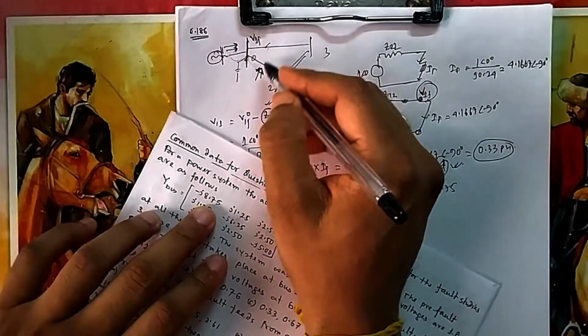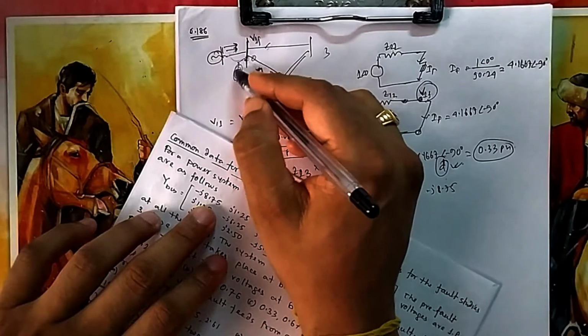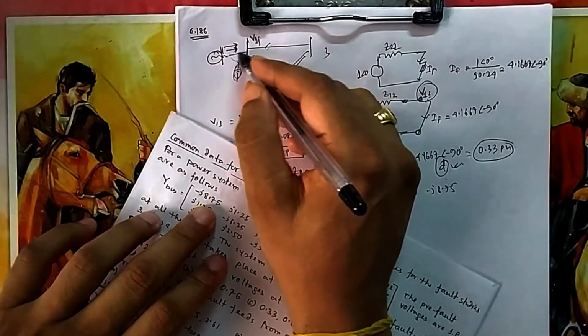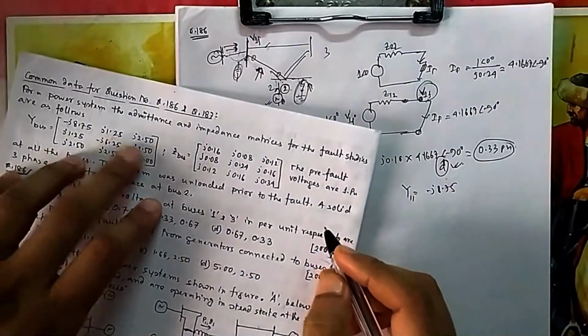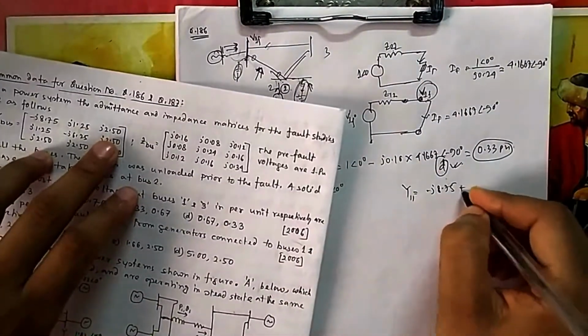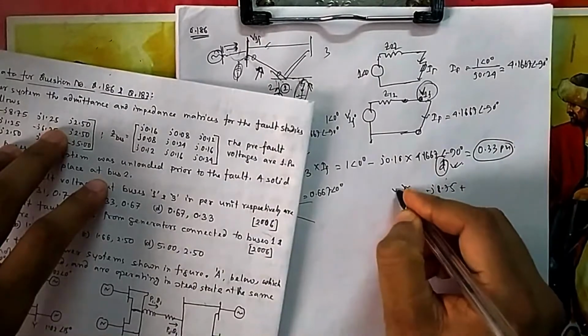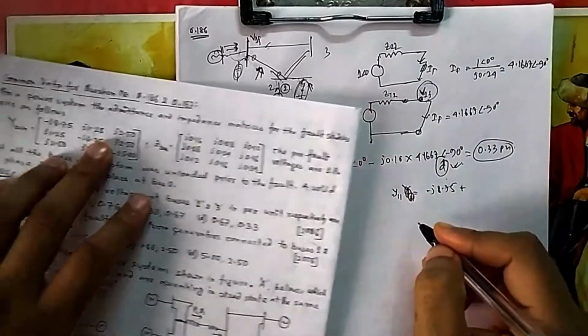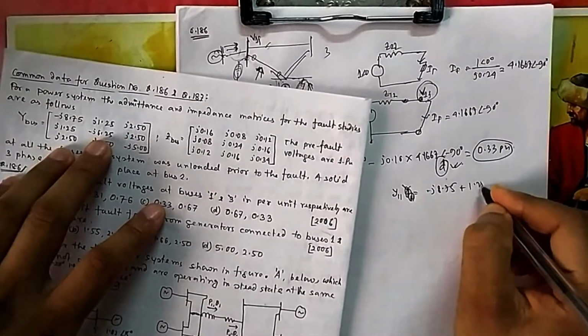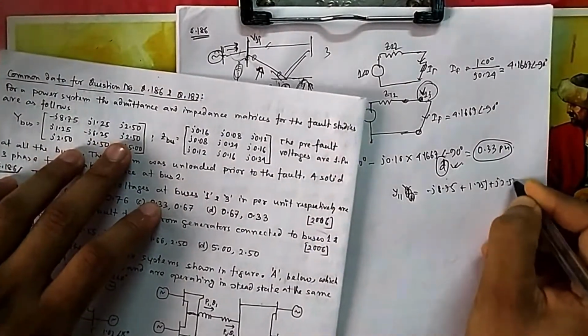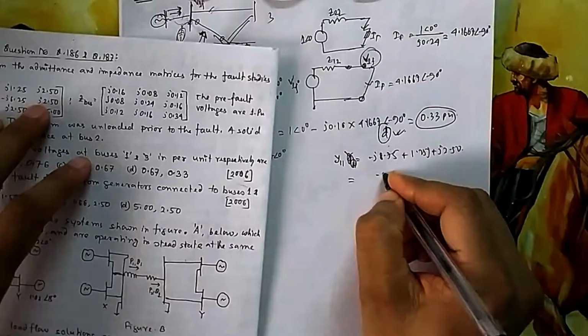If you take out this and this, what is left is the shunt connected, that is the generator reactance. I am considering small y11, that is the shunt admittance. So it is J 1.25 plus J 2.5, so it will be minus J5.